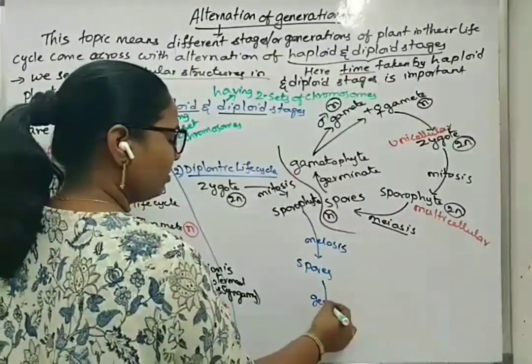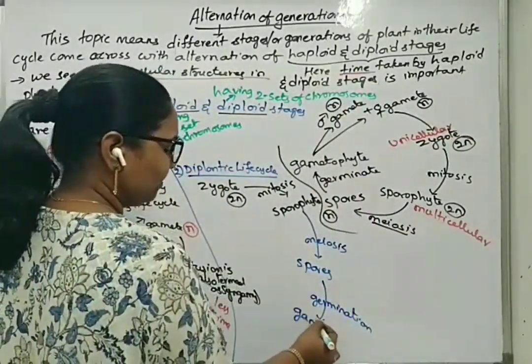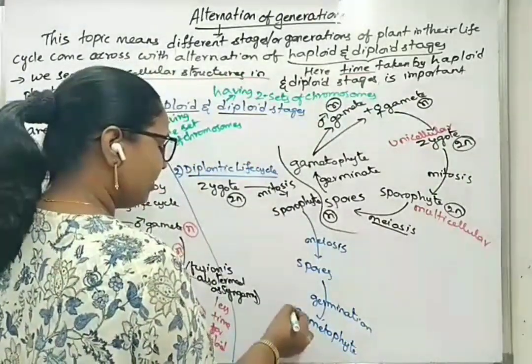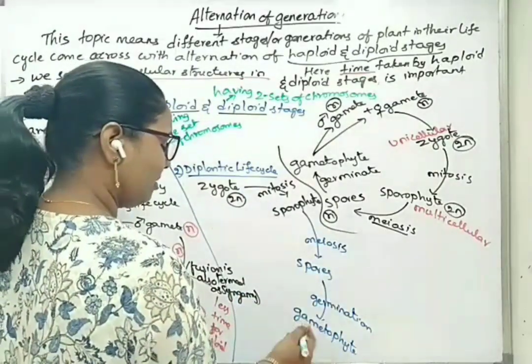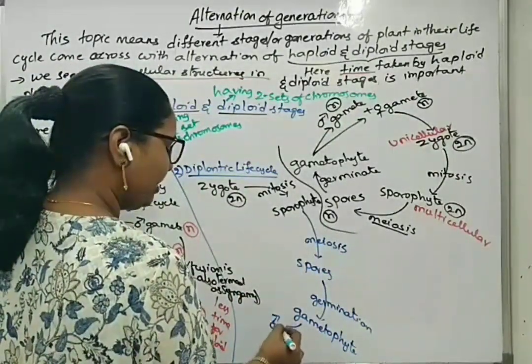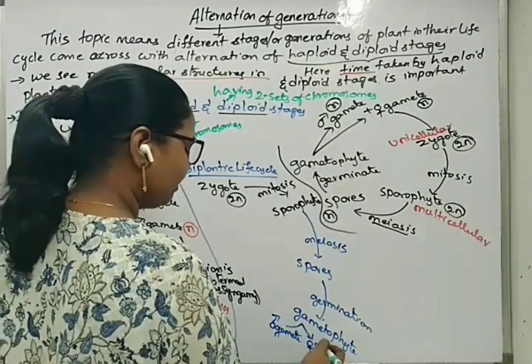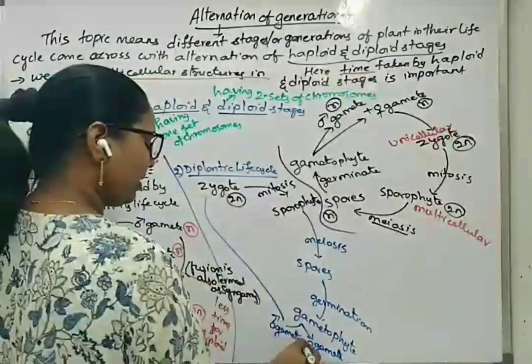Spores will undergo germination, giving out the gametophyte. The gametophyte will produce male gametes and female gametes. These both will fuse to give out the zygote.